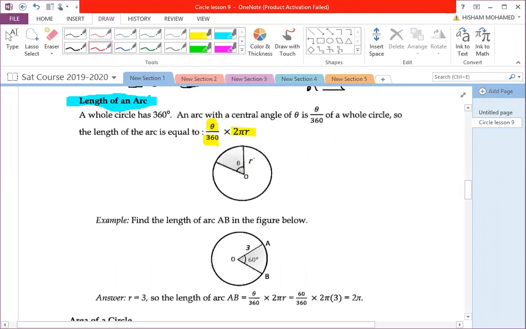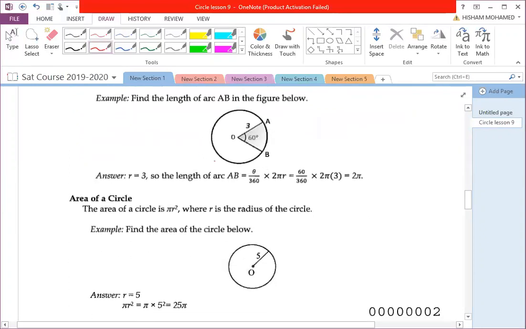And the measure of the arc is equal to the measure of its central angle, or we can say the measure of the arc is equal to the measure of the intercepted central angle. So for example, if this central angle is equal to 60, the measure of this arc is equal to 60.